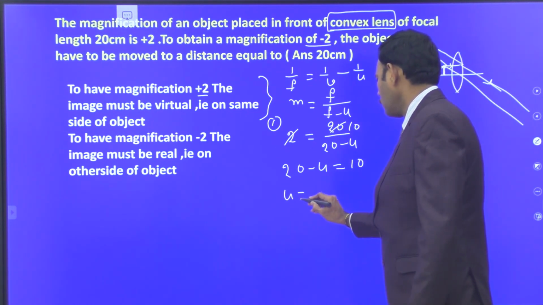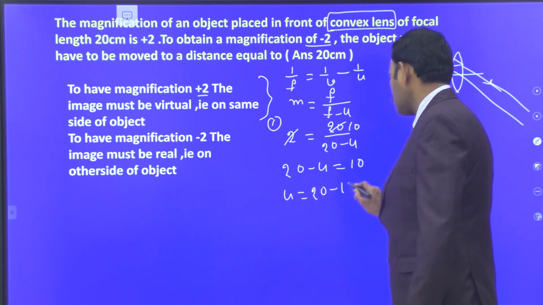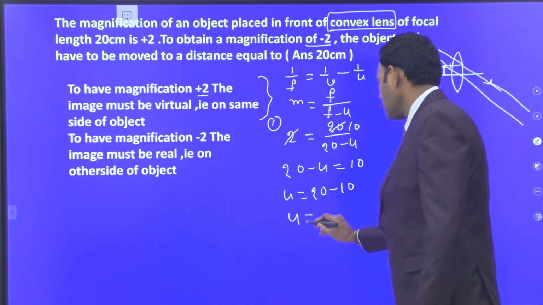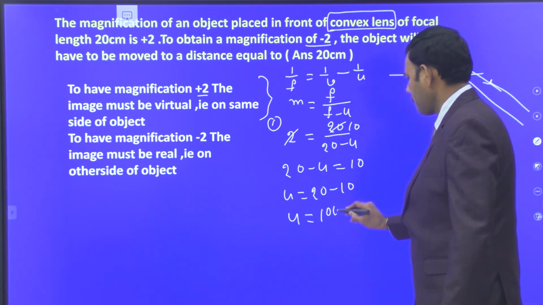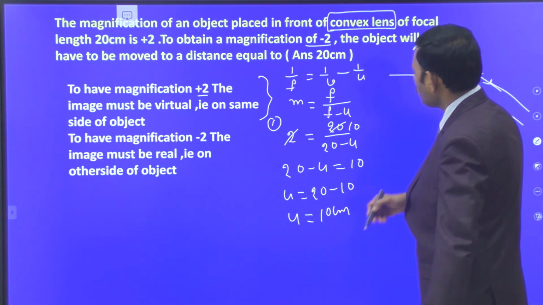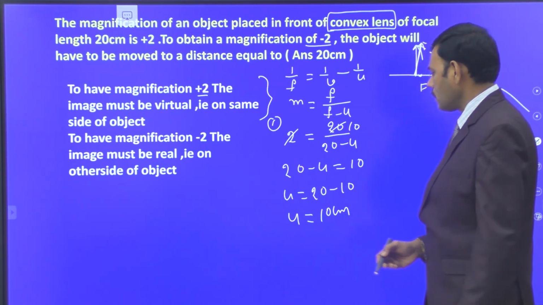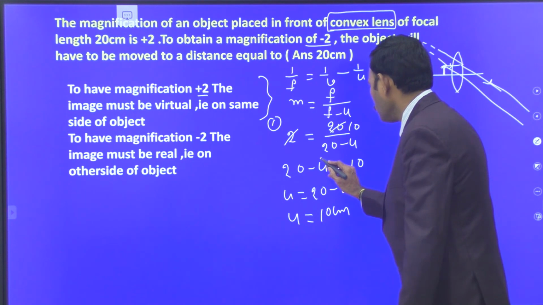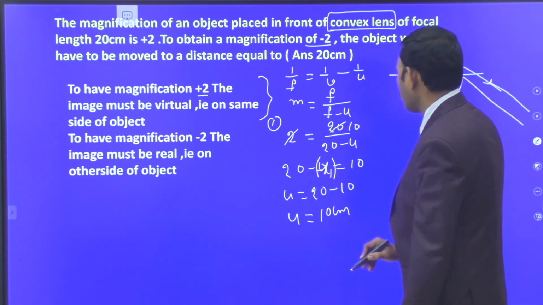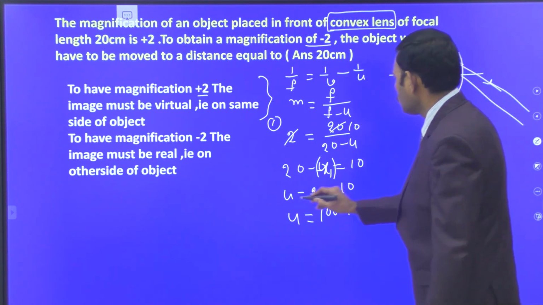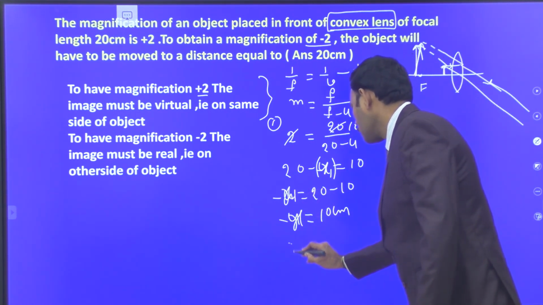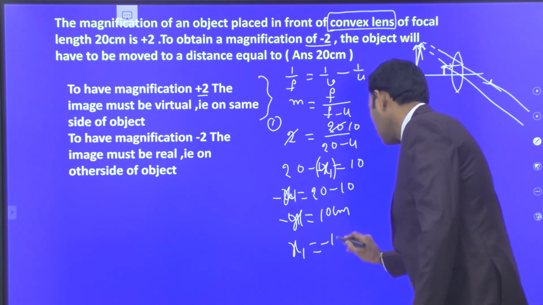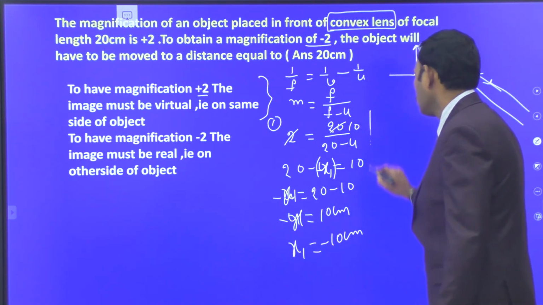Then u is equal to 20 minus 10, so u is equal to 10 centimeters. If you use sign convention, you get u is equal to minus x1. Minus of minus becomes plus. Then x1 is equal to minus 10 centimeters, including sign convention.